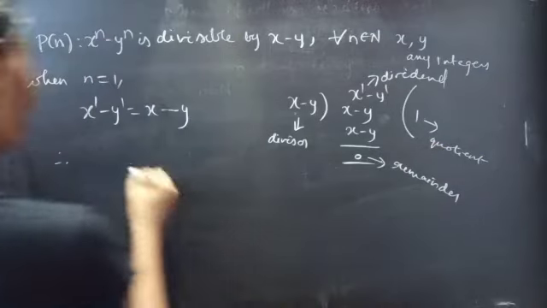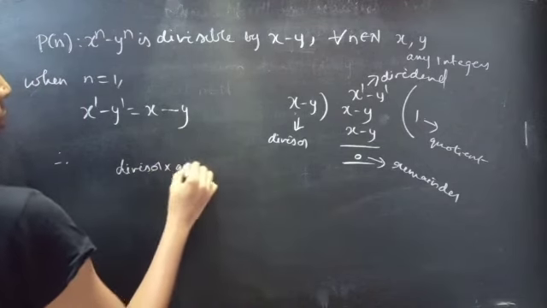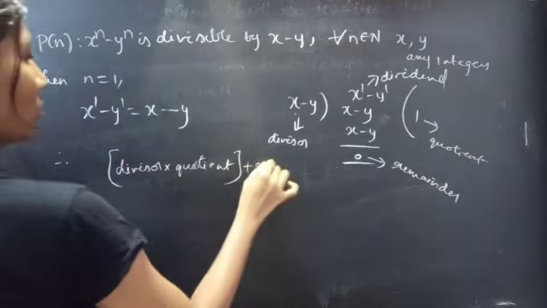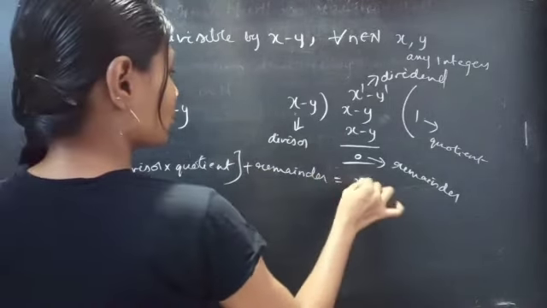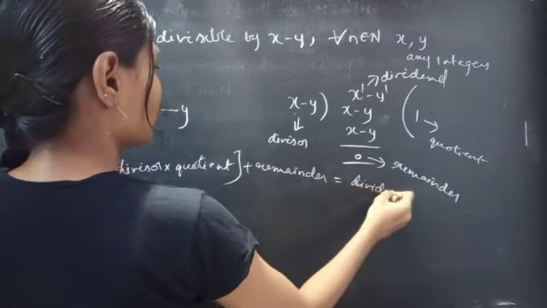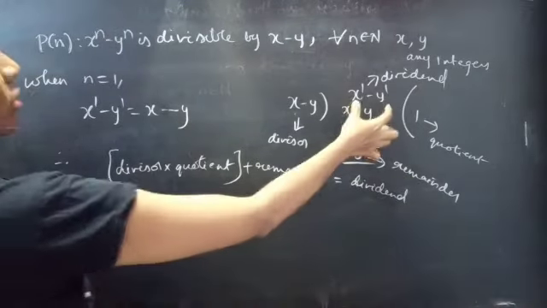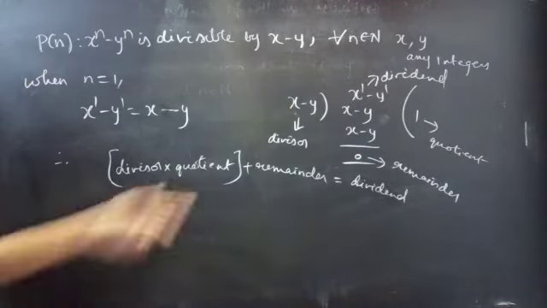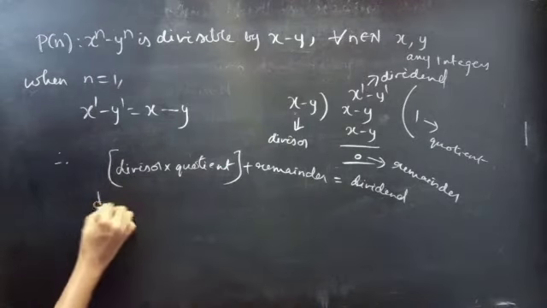We know that divisor into quotient plus remainder gives dividend, if the dividend is divisible by the divisor. So let's see.